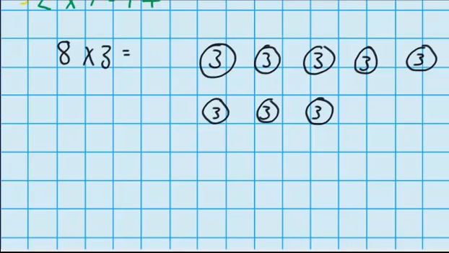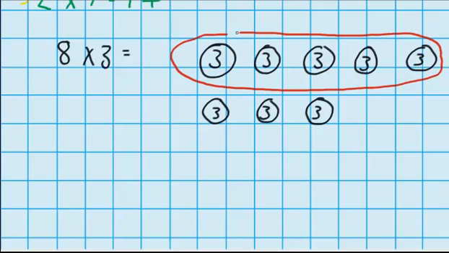And just like last time, I'm trying to use my 5 times tables to help me answer this question. Well, up here I can see 5 groups, and I know that 5 groups of 3 is 15.